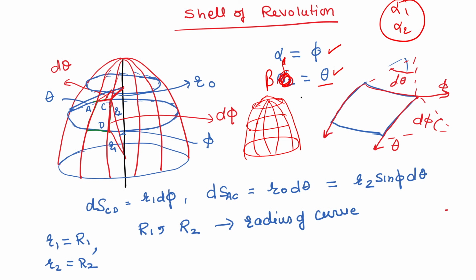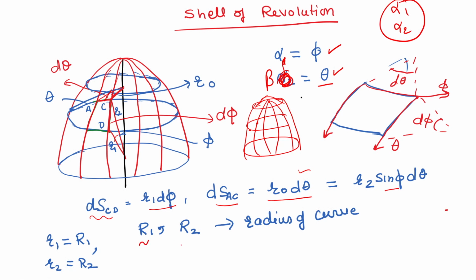If you take a shell element like this, then the length of that shell element along this will be r1 times d phi, because this angle is d phi. Then this angle is d theta, which it makes on the horizontal one, so the arc gives r naught times d theta. r naught can be expressed as r2 sin phi, where r2 is the radius of curvature.